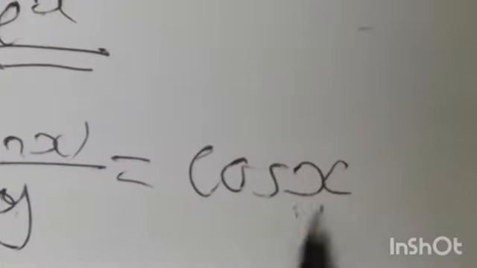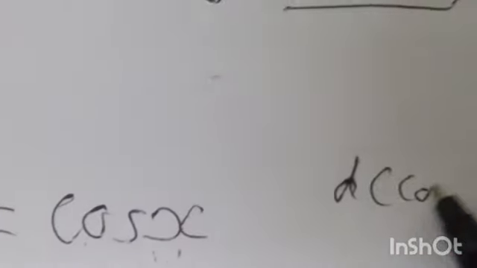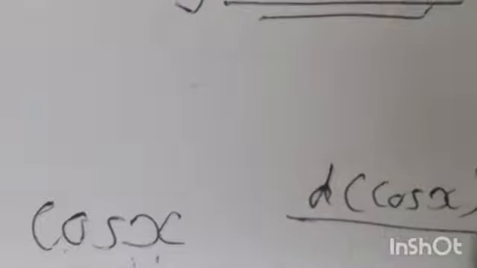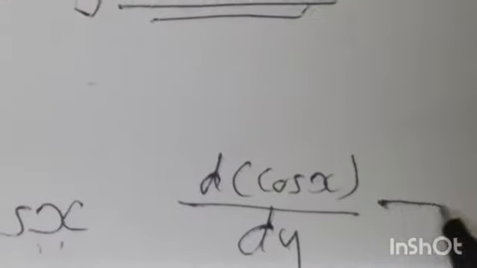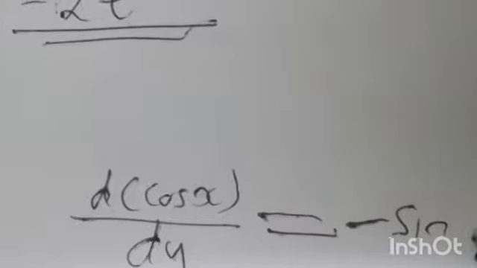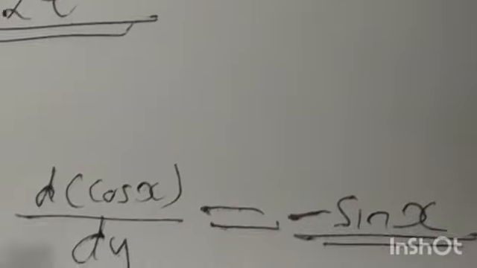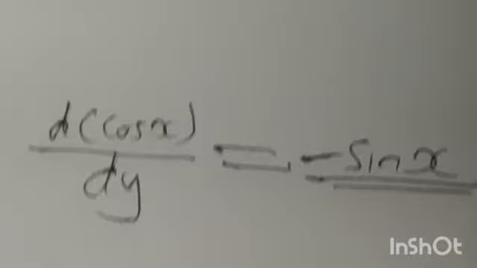Then differentiating cos x, d of cos x over dx, the answer will just be negative sin x. So you just have to know this. This you just have to know.